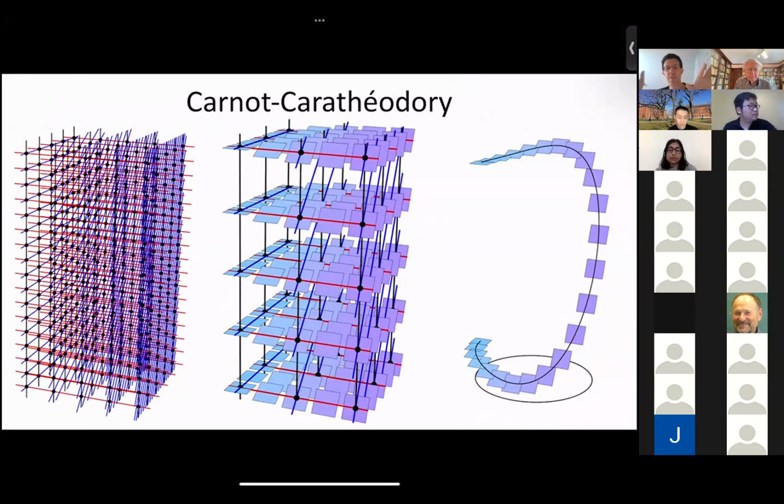To simplify life, you can look at the integer grid with this discrete word metric. There's nothing special, it's a graph. But now multiply the integer grid by epsilon, a small number. This is a metric space, and take the Gromov-Hausdorff limit as epsilon goes to 0, and that will be a metric on R3, or R5, and that's the Carnot-Carathéodory metric.